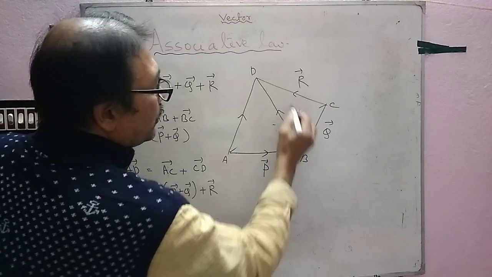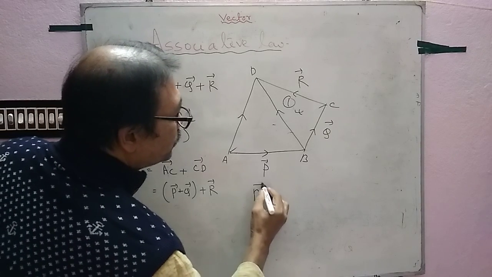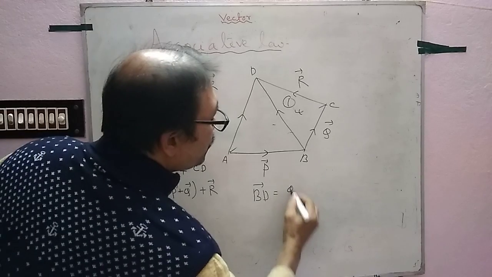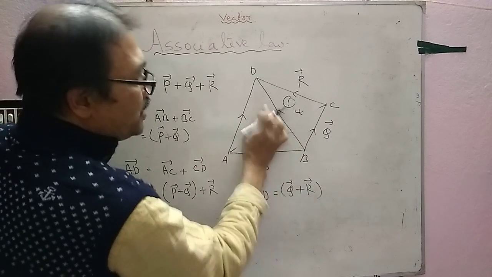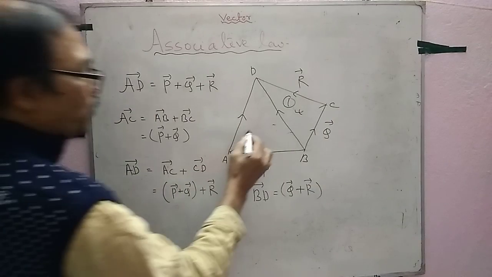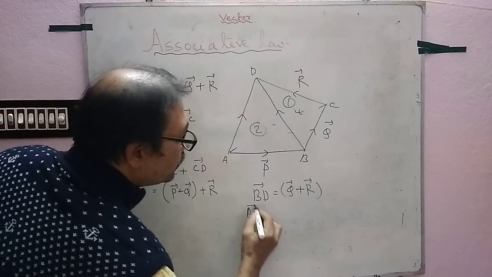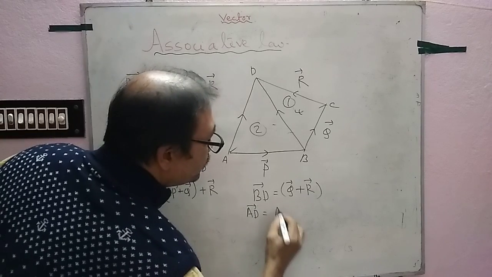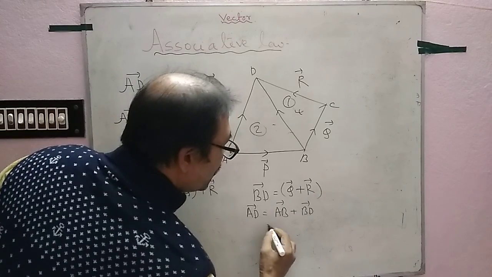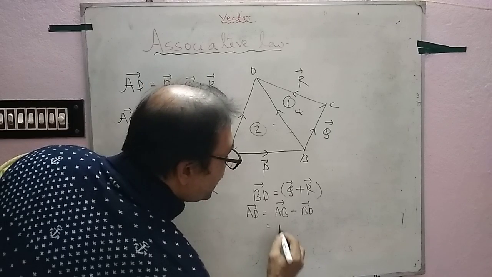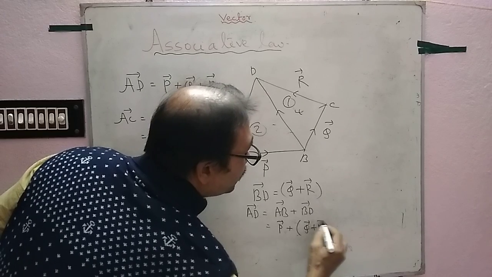From this triangle 1, BD equals BC plus CD, that is Q plus R. Now from triangle 2, AD equals AB plus BD. Putting the value of AB, P plus Q plus R. Follow?